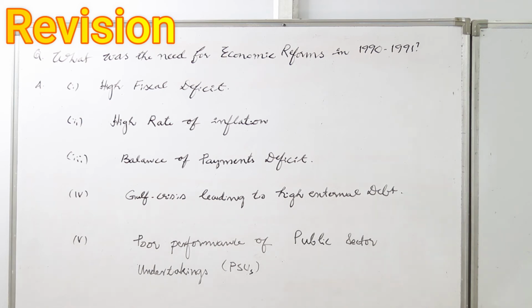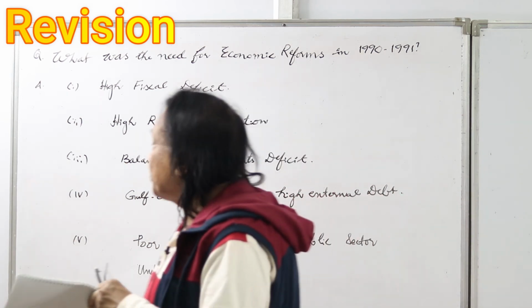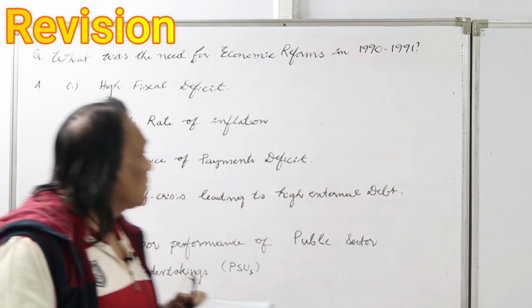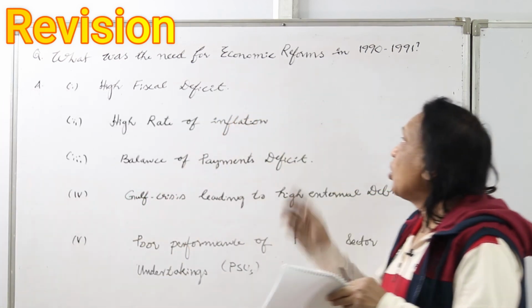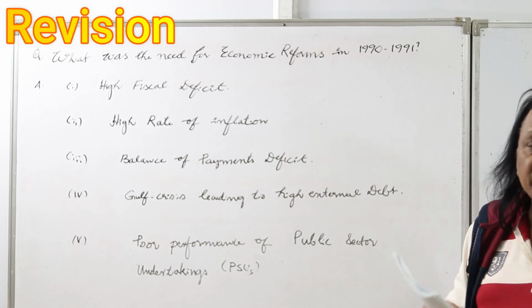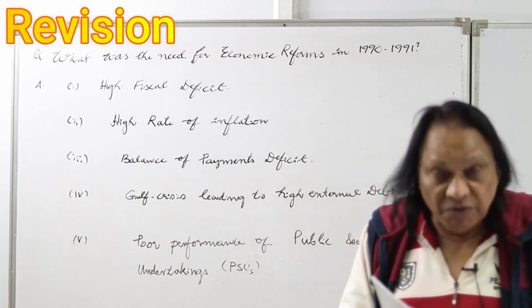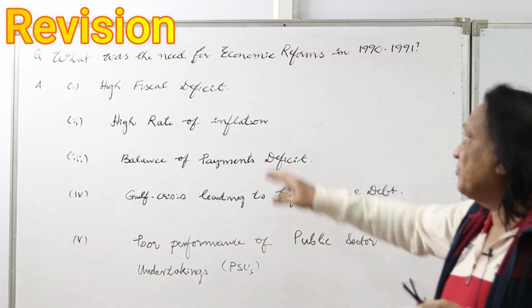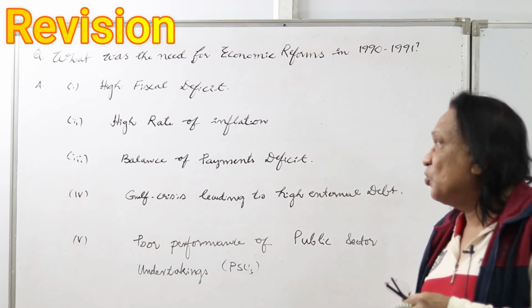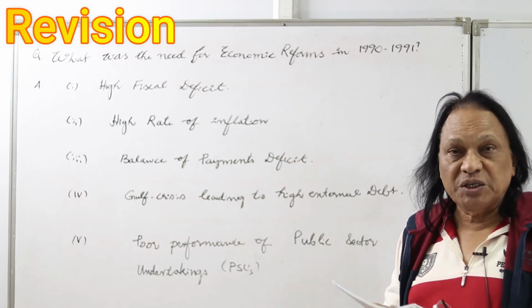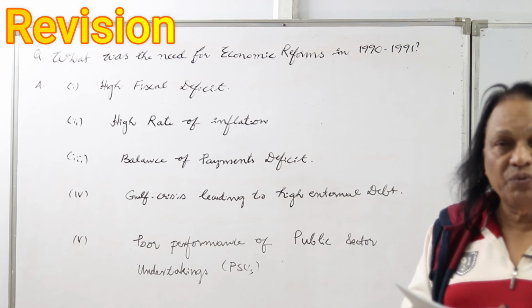So we'll see once again. This is a very important question from the board's point of view. What was the need for economic reforms in 1990-91? The first and foremost is high fiscal deficit, which is the difference between the expenditure of the government and the revenue.